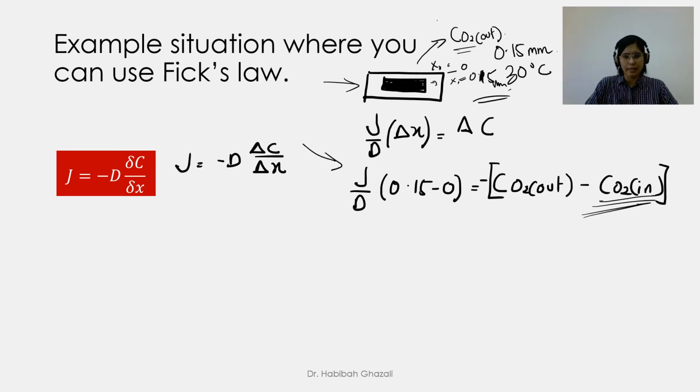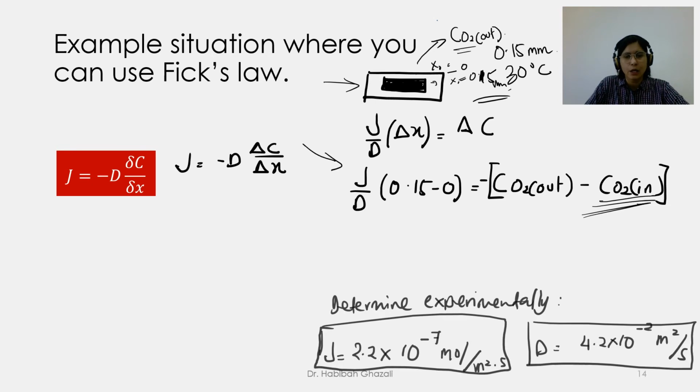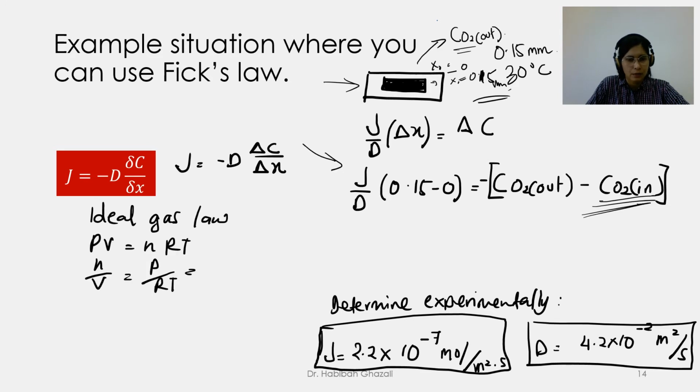Through experiment, we can determine the value for the flux and the value for the diffusion coefficient, and using the ideal gas law, we can calculate the concentration of the oxygen outside.